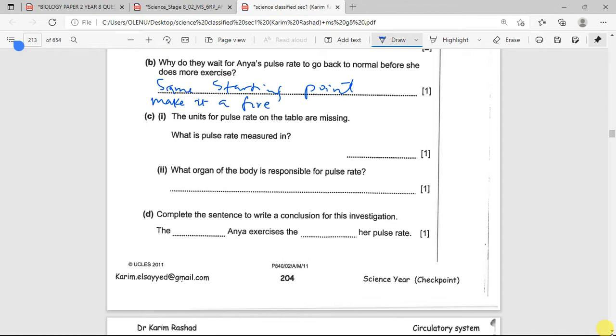How do I spell fair again? F-A-I-R, sorry. To make it a fair test.